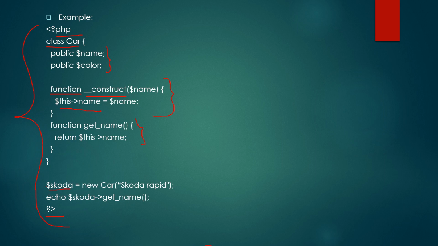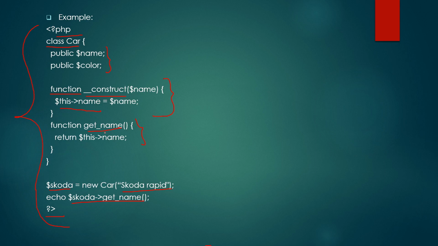As soon as I create an object, this constructor will be invoked automatically. So this name will be assigned to the variable $name, and we will be able to see Skoda Rapid on the screen because we are calling this get name method.